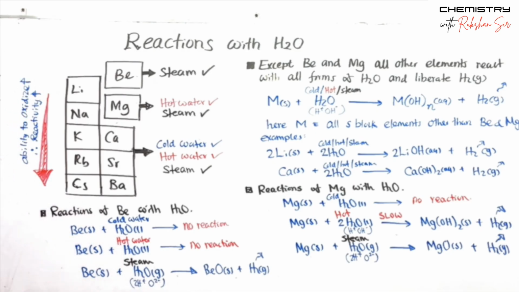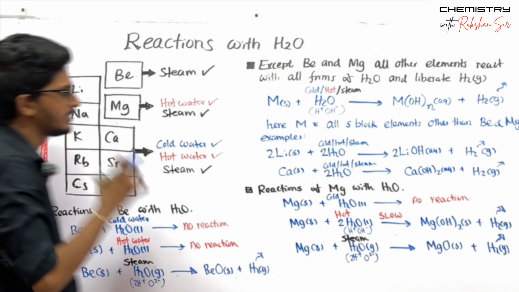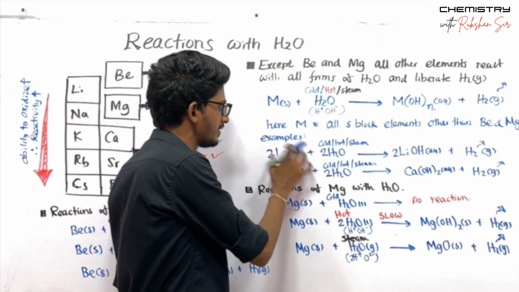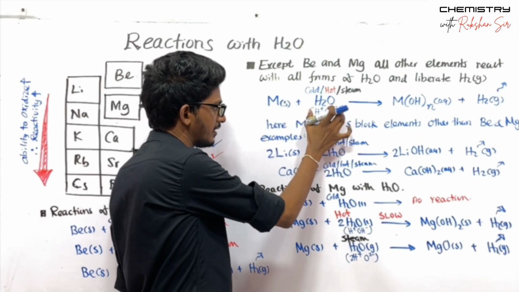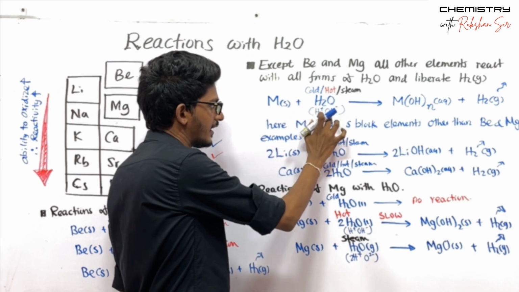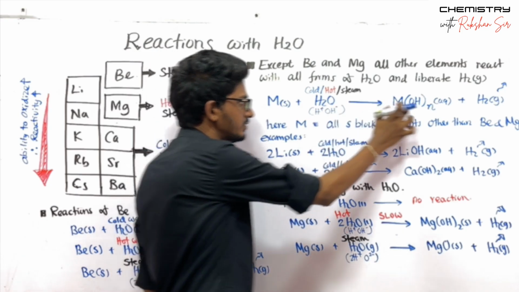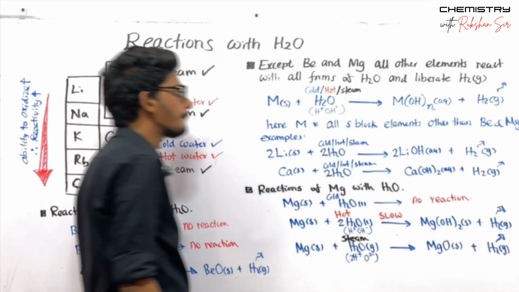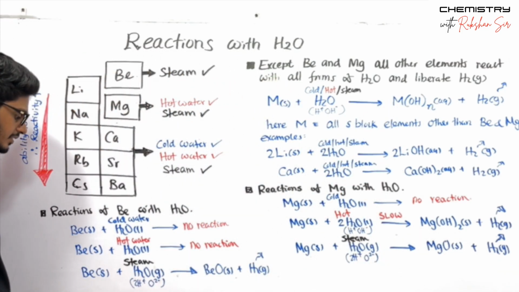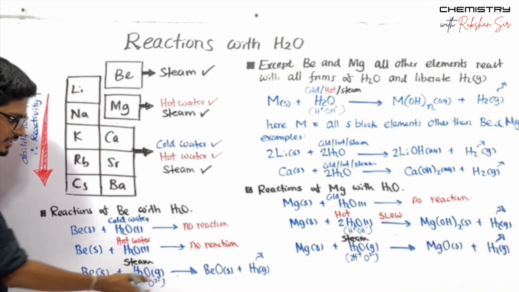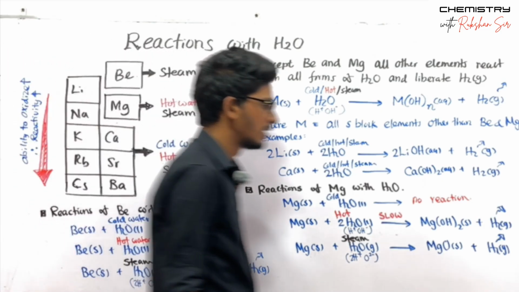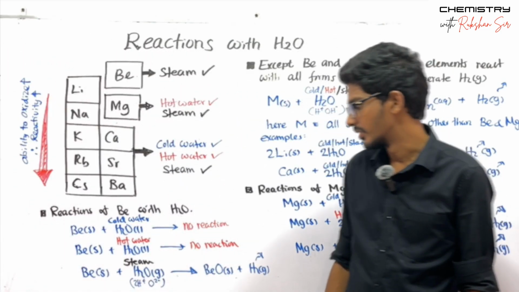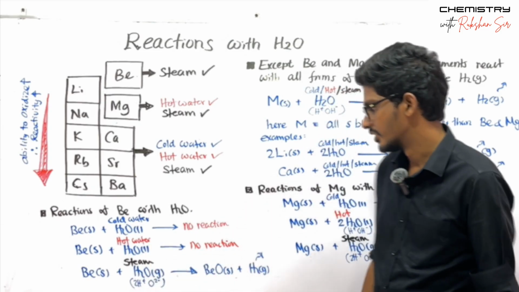So beryllium prefers the oxide form. Metals with low charge dense cations prefer anions with low charge density. But metals with high charge dense cations prefer high charge dense anions. That is how beryllium participates in reactions with H2O.